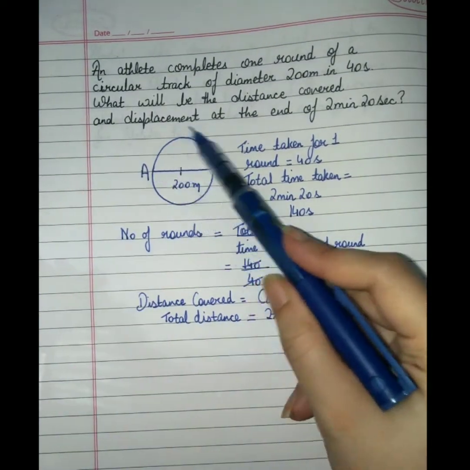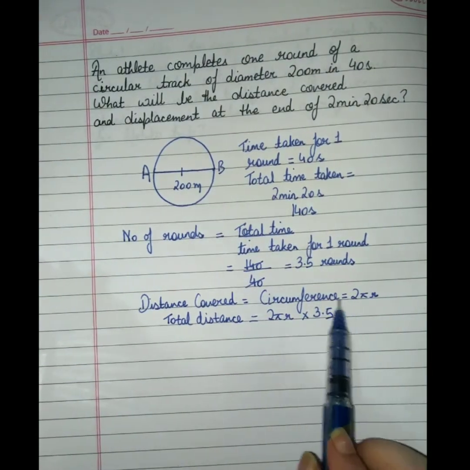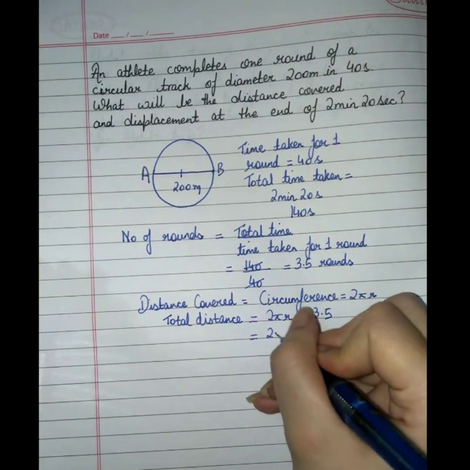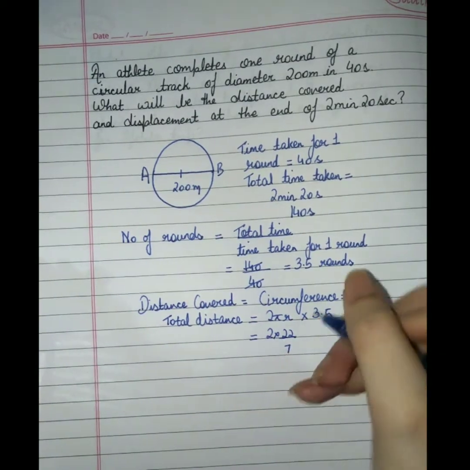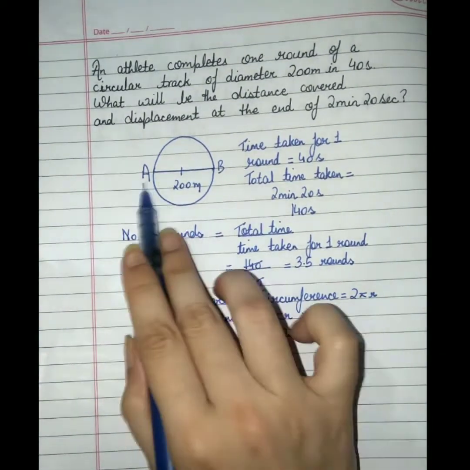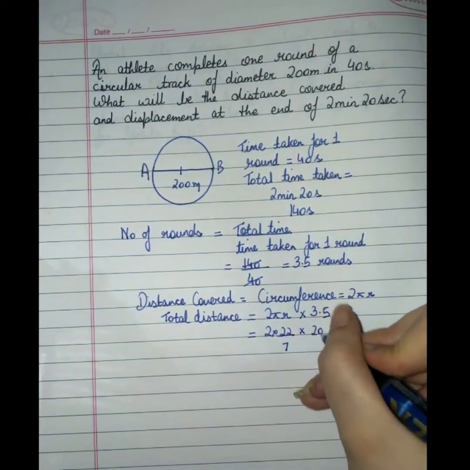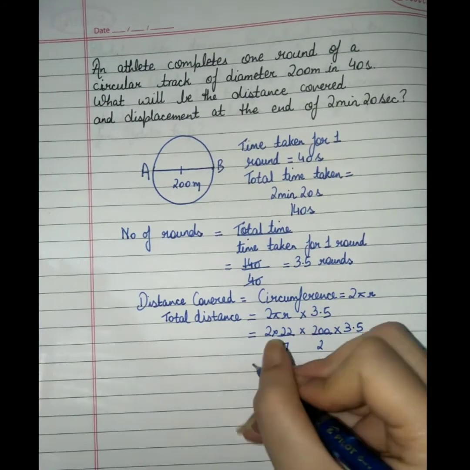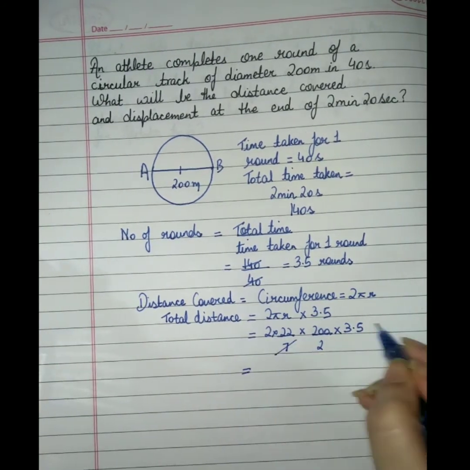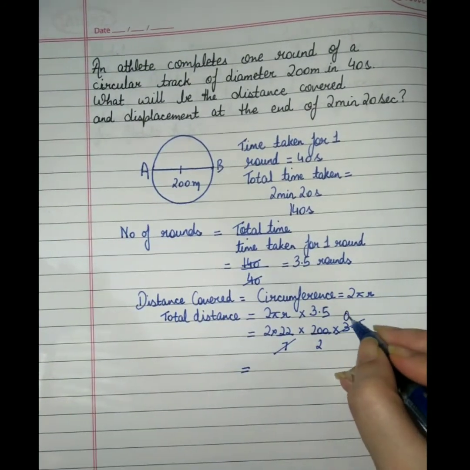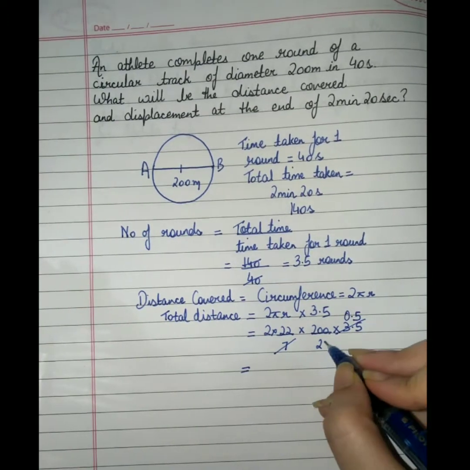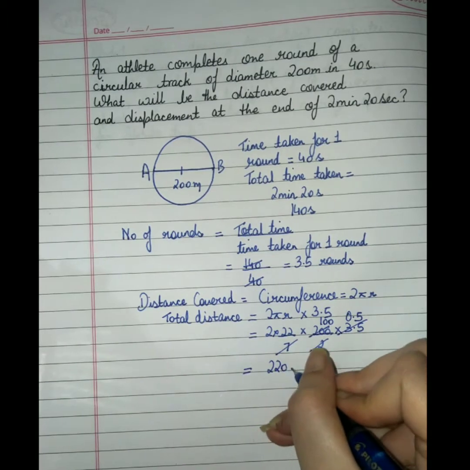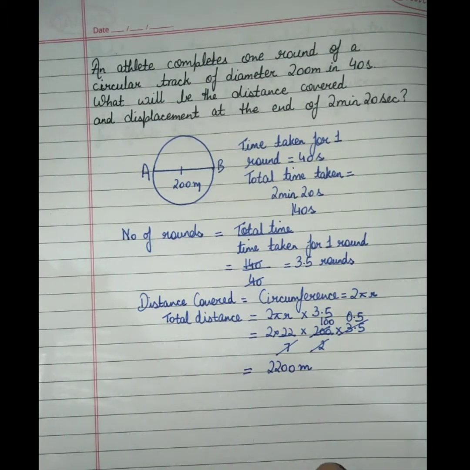For 3.5 rounds, it would be 2 into 22 upon 7 into the radius, which is half of the diameter, that is 200 upon 2, into 3.5 meter. When we solve, we get 7, that is 0.5 into 100, and when we solve, we get 2200 meter.